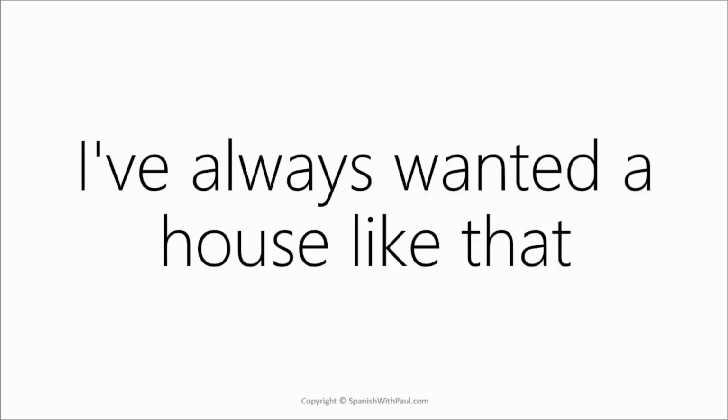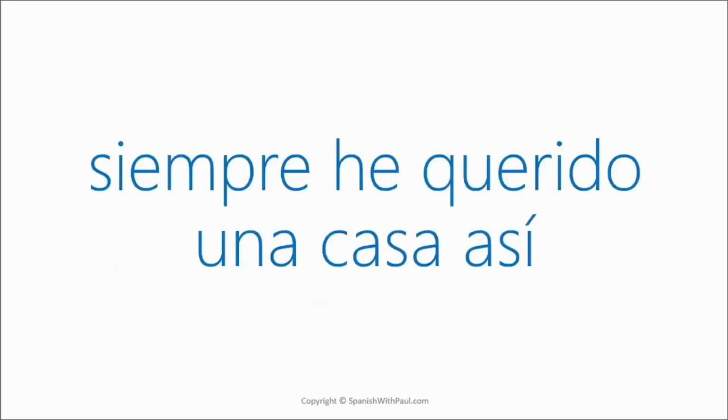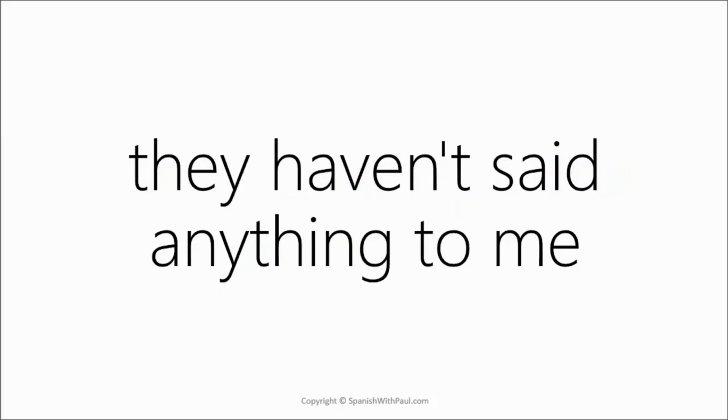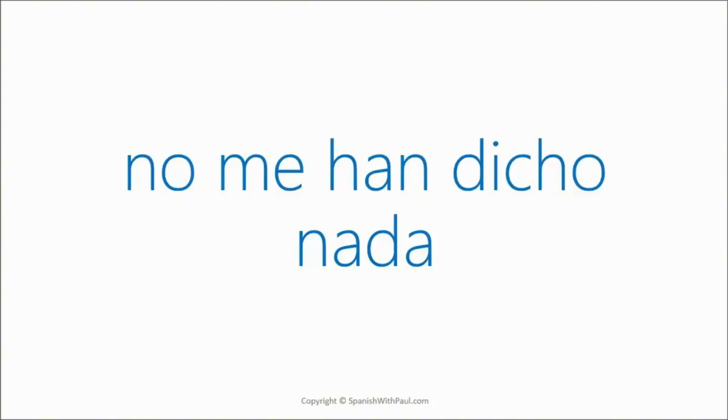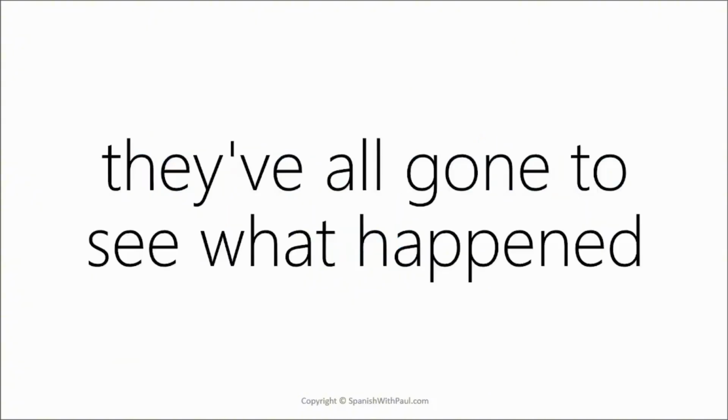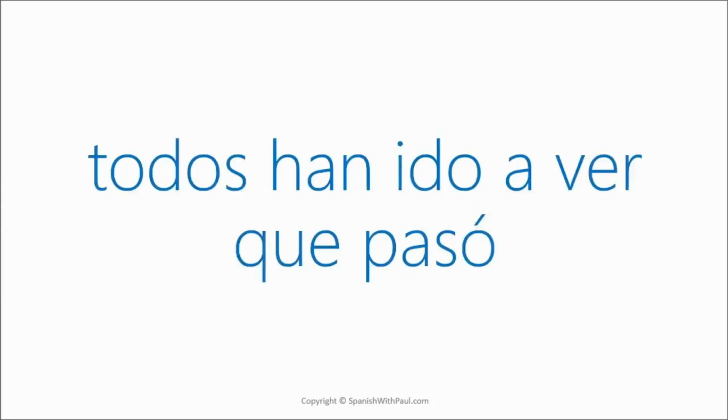I've always wanted a house like that. Siempre he querido una casa así. They haven't said anything to me. No me han dicho nada. They've all gone to see what happened. Todos han ido a ver qué pasó.